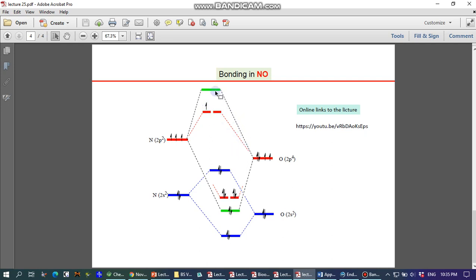Now this picture clarifies one fact: nitric oxide is not a neutral molecule, rather it is a radical, and it is one of the stable radicals which exists free in nature. It does not react, or at least it is an inert or less reactive radical.